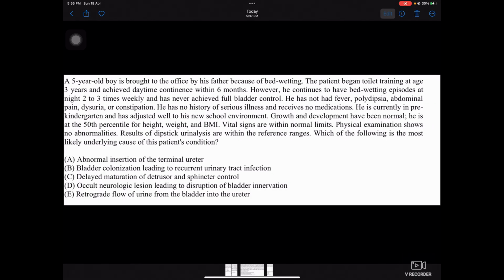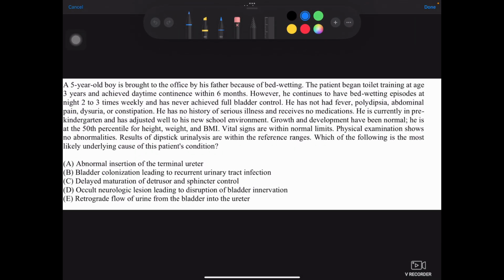Next question. Pause the video if you want to attempt this. Let's do it now. Which of the following is the most likely underlying cause of this patient's condition? A 5-year-old is brought to the office by his father because of bedwetting.